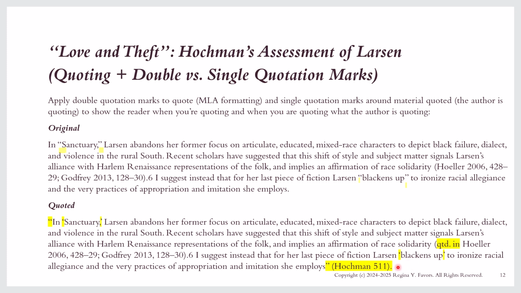And then don't forget the name of the author and the page number you get the information from. So when we begin the line with the name of the author, we just need the page number. But if we do not reference the author's name when we introduce a quote or anywhere within this quoted information, then we add the name of the author here, Hockman 511. And don't forget the end quotation marks as well.